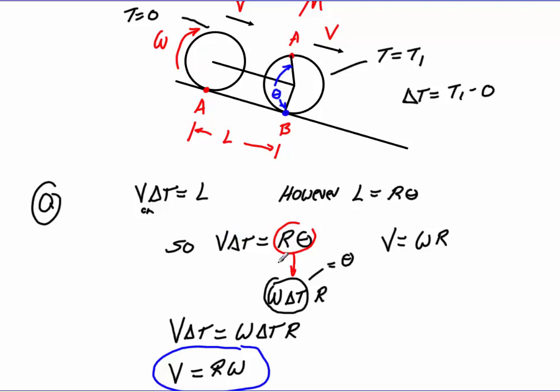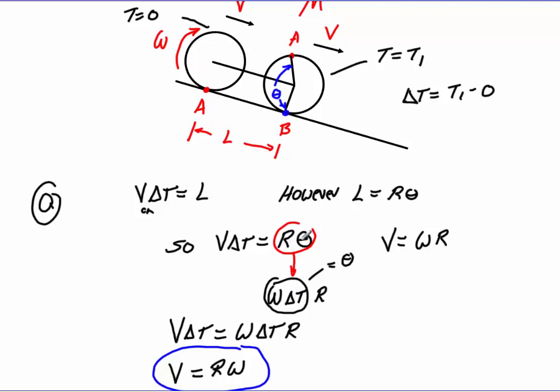Now we also know that if I take the angular velocity and multiply it by the radius, I'll get velocity, and then multiply it by delta t, I basically get the same thing. So can I not say that R times my angle that I rotate about is equal to omega times delta t? Because omega, again, is radians per second, times that gives me radians.